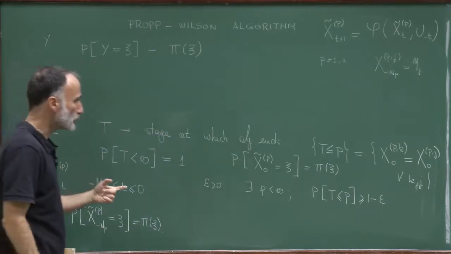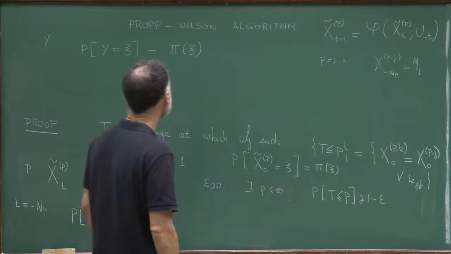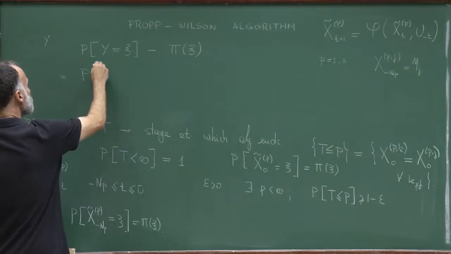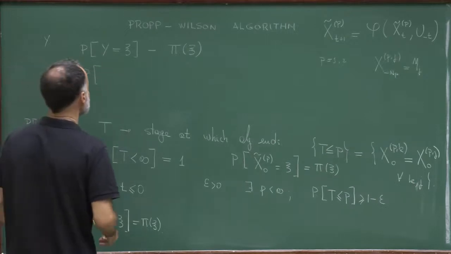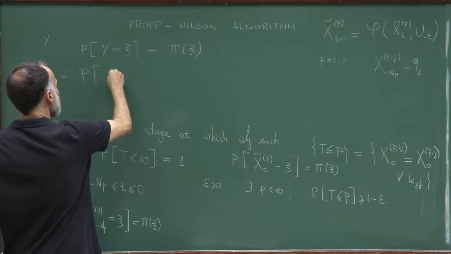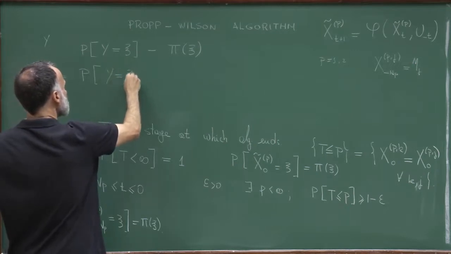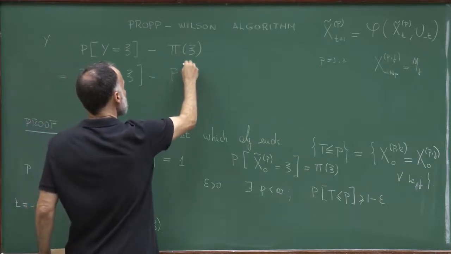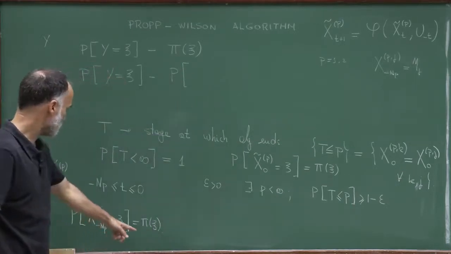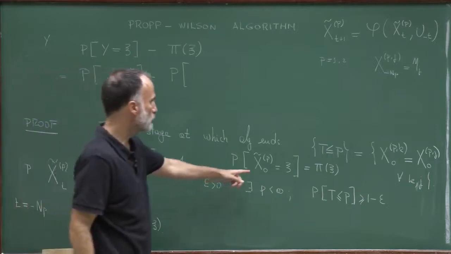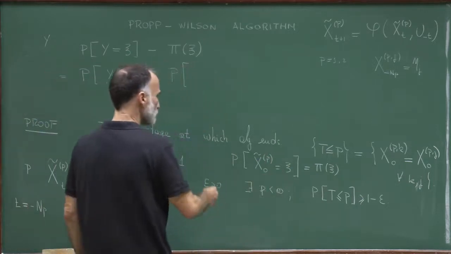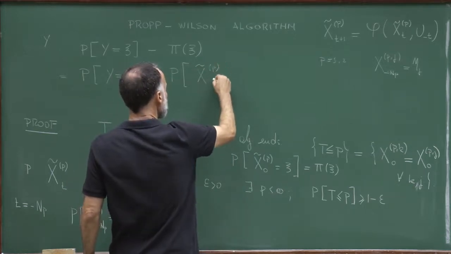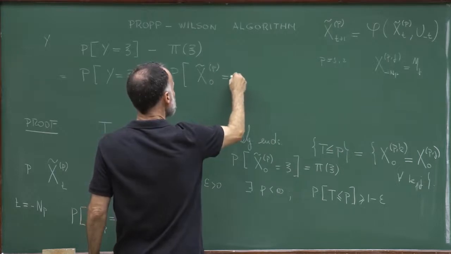Actually, I want to prove that this is smaller than epsilon. Fine, but this is equal to the probability that Y is equal to xi, so let me write it in this way, minus, and here, since pi of xi is equal to this value, this is equal to minus the probability that x tilde p at 0 is equal to xi.